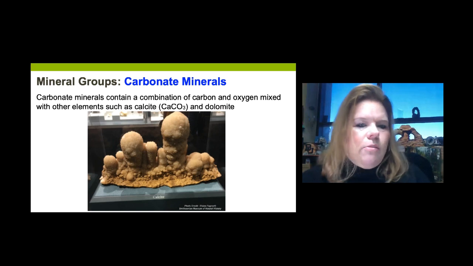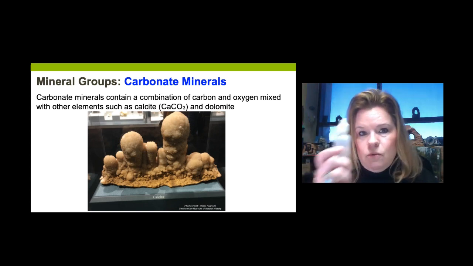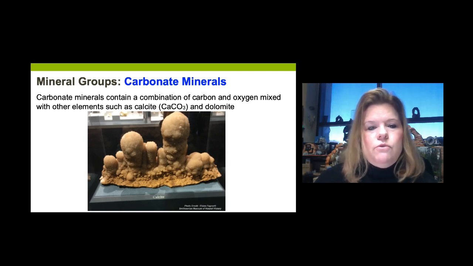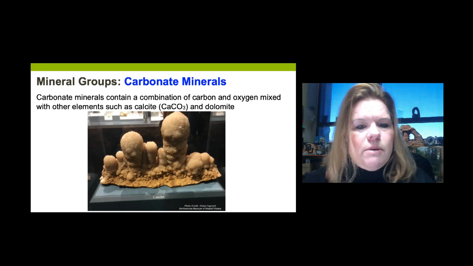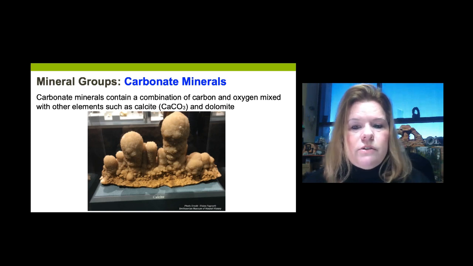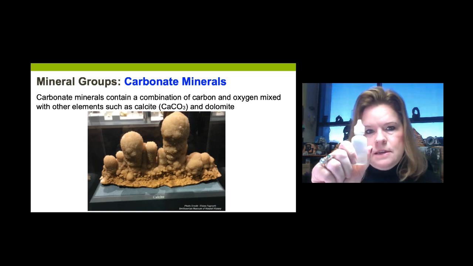All right, let's move into carbonates. So the reactivity will be important here because carbonate minerals contain a combination of carbon and oxygen mixed with other elements such as calcite. So this is some calcite from the Smithsonian Museum of Natural History in Washington, D.C. So calcite will react to acid.